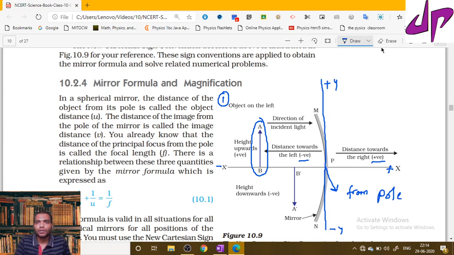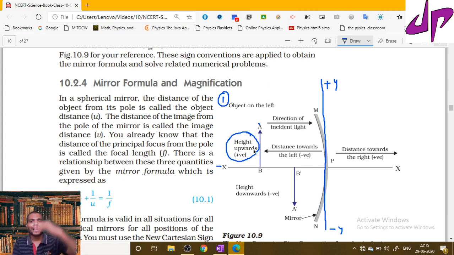The rule says height upwards should be taken as positive. AB is the height of the object.